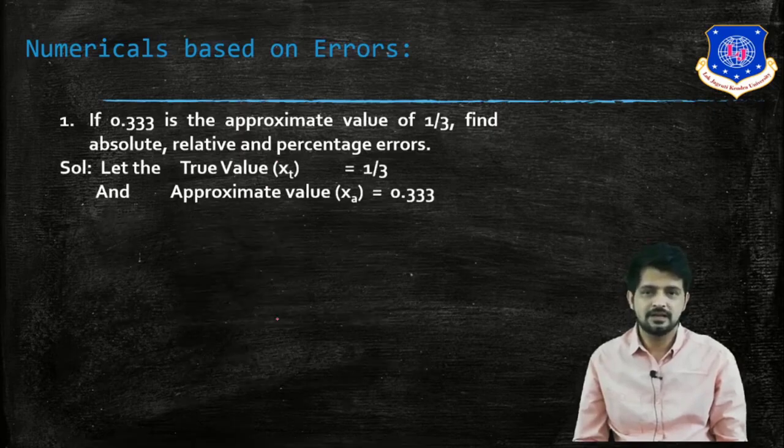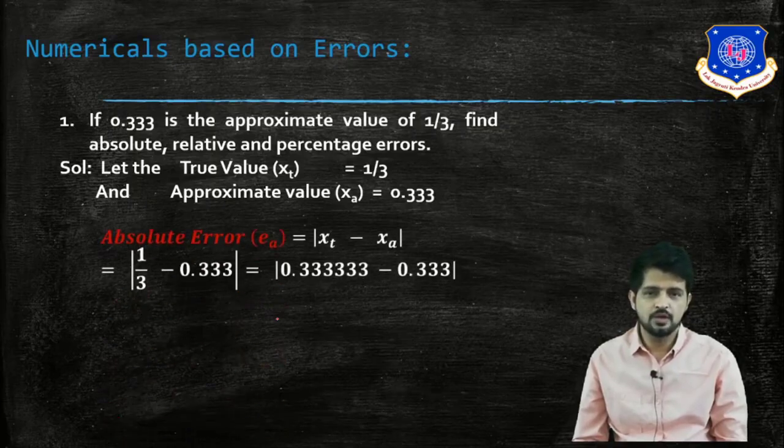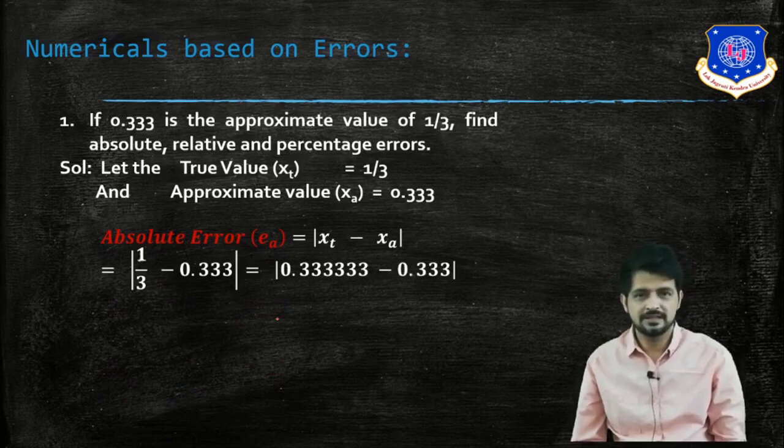So let's start. See here, let the true value be xt is equal to 1 by 3 and the approximate value that is given, that is 0.333. Now in the case of true value, which value we have to consider? Okay, we are considering here 0.333333.